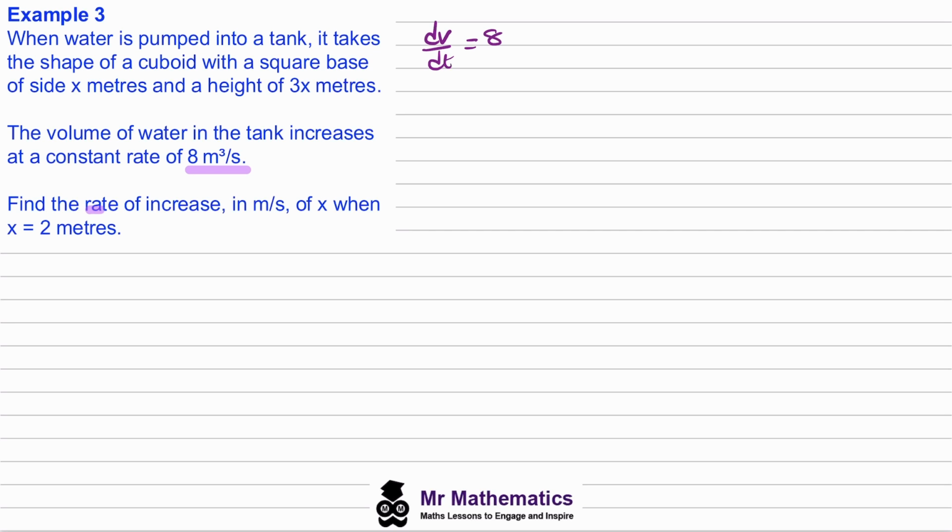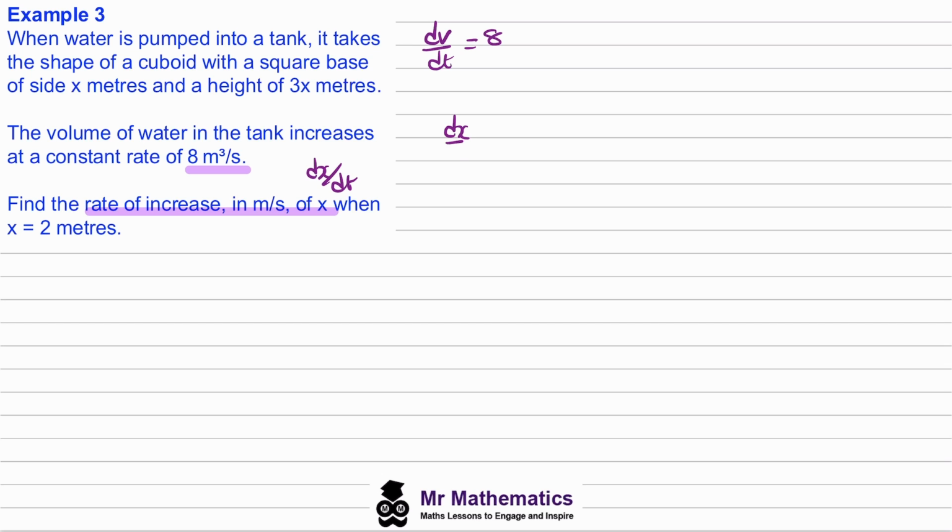Find the rate of increase in meters per second of x. So this is dx by dt when x is 2 meters. So we need to find dx by dt and then substitute into that x equals 2, and this will give us a rate of increase.